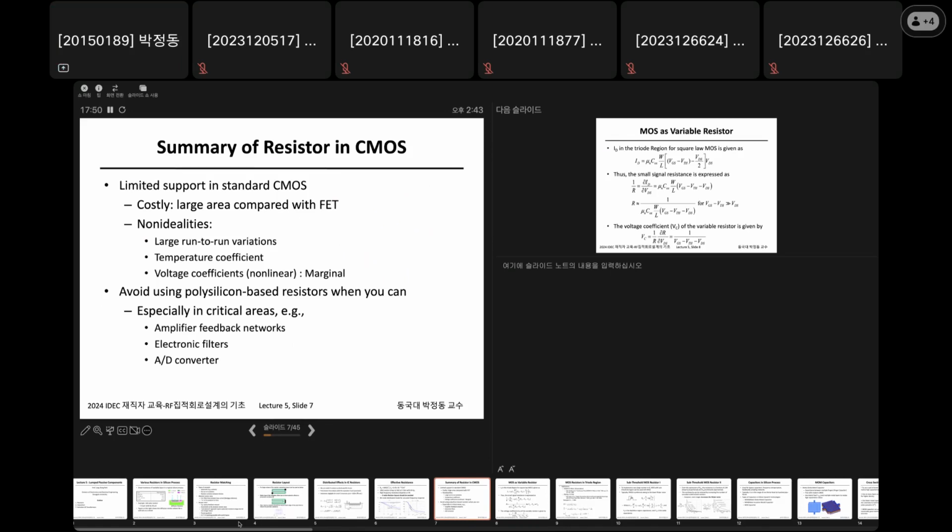So it can be said that a resistor is very expensive. Sometimes when you bias, let's say, this common source device, we have to put the resistor, and we just apply something like this.